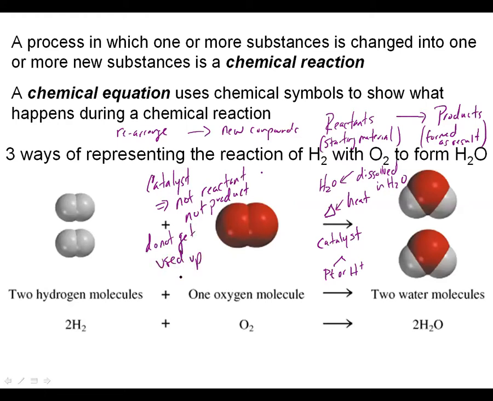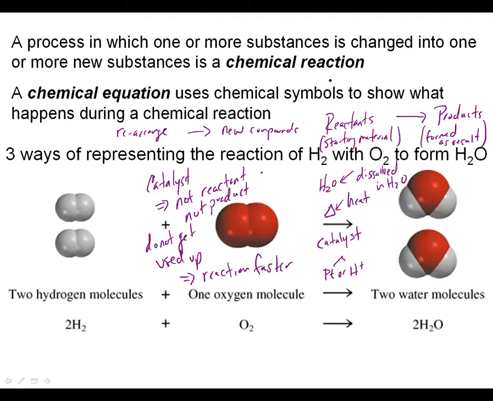They are simply there to make the reaction occur faster. Yeah? So usually a catalyst is added to speed up a chemical reaction. There are actually catalysts that slow down chemical reactions, but most of the time when people consider a catalyst, they are usually talking about speeding up a chemical reaction.